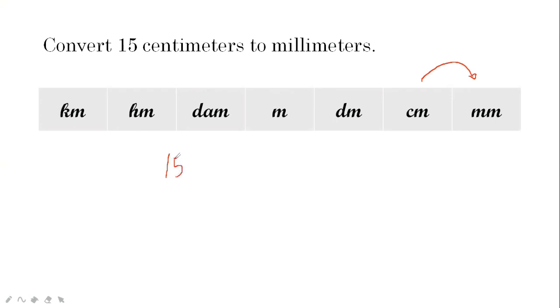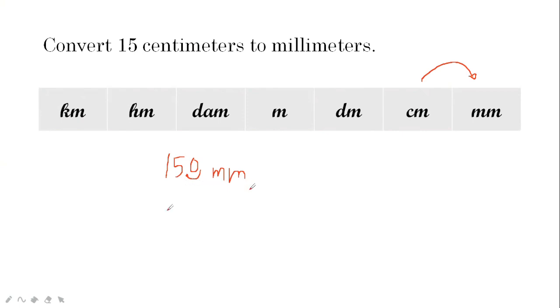And if you don't see a decimal, the decimal point is at the end, the far right side. Since we moved one step to the right, we also move the decimal one place to the right, and then add 0. And this is now mm: 150 millimeters. So, 15 centimeters is equivalent to 150 millimeters.